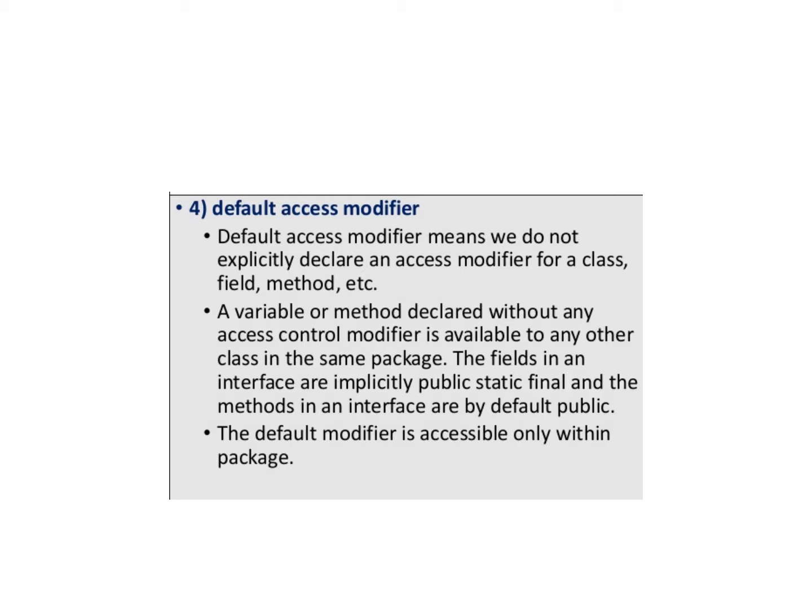The fields in an interface are implicitly public, static, final, and methods in an interface are by default public. The default modifier is accessible only within the package, which means these are not accessible outside the package.